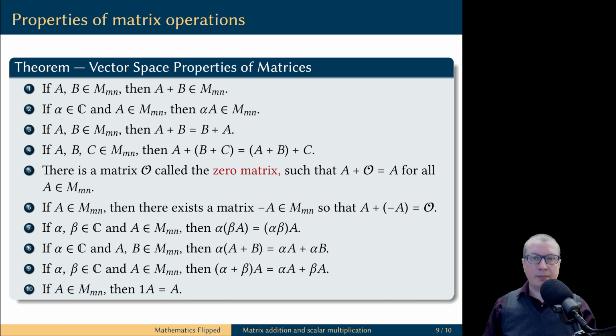When we defined the operations of addition and scalar multiplication for column vectors, we then observed that these two operations satisfy 10 specific properties. In fact, the operations we defined on matrices, the operations of matrix addition and matrix scalar multiplication, satisfy exactly the same 10 properties as the operations of vectors.